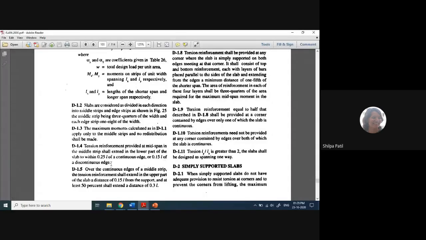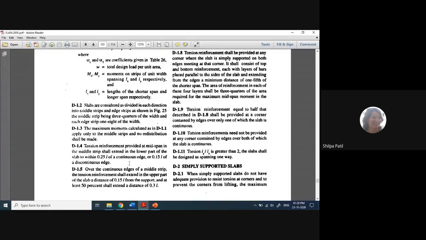Now you need to recall the detailing diagram which we discussed during yesterday's lecture. In yesterday's lecture, I showed you a cross section of a continuous slab and explained how the reinforcement is extended in the support, how it is bent, at what distance it is bent, and how much length the bars are to be extended in the support region.